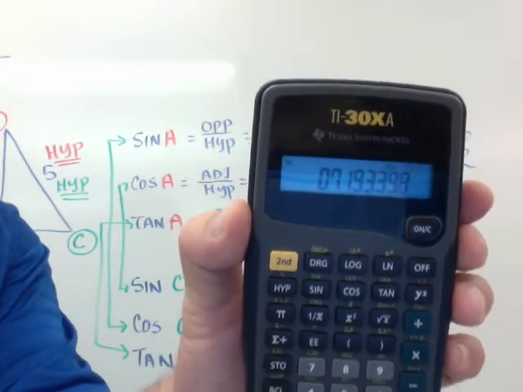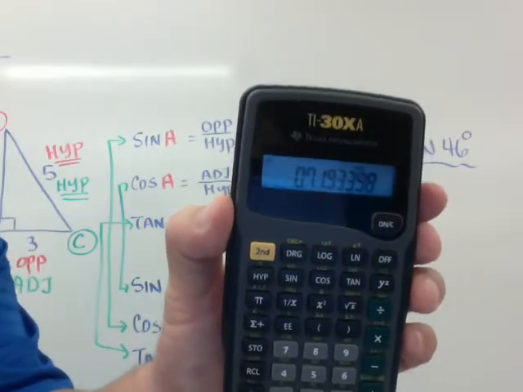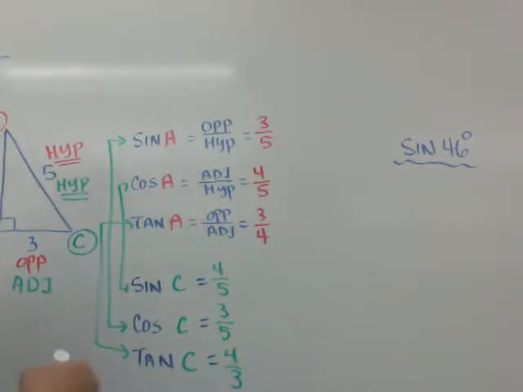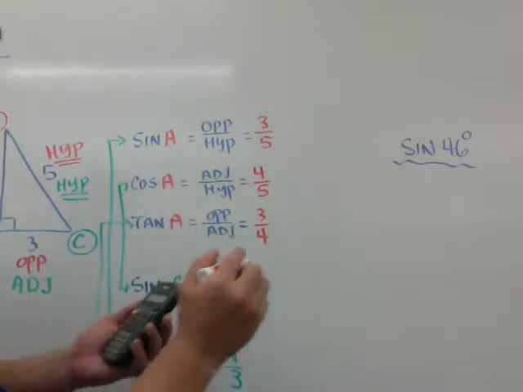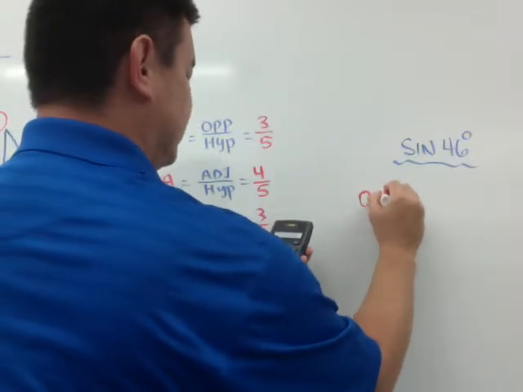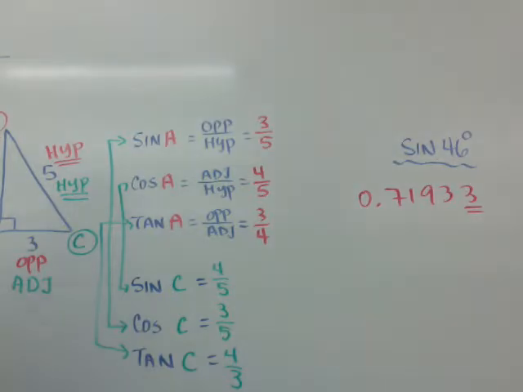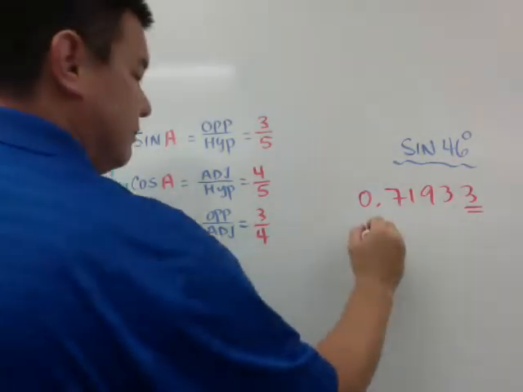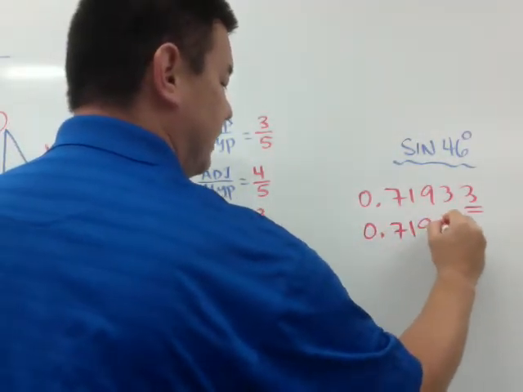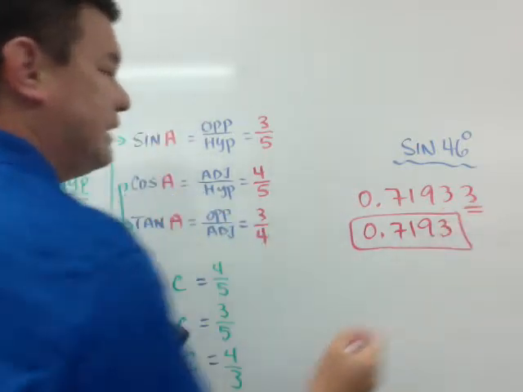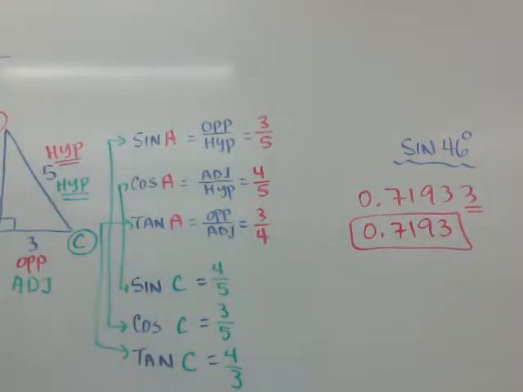Almost everybody who does trigonometric ratios goes to the nearest 10,000ths, which is the fourth decimal. So in this case, I would get 0.71933. I look at the fifth one and I need to round it, so it just becomes 0.7193. So the sine of 46 is 0.7193.